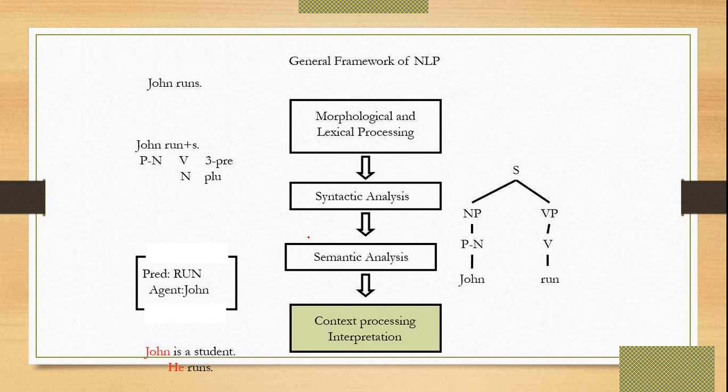So we find out that John is a student and he runs. Such information you can generate from natural language processing. Here there are only two words, and from these two words you can generate two sentences: John is a student and he runs. So you can run this kind of context processing. This is the general framework we use in natural language processing.